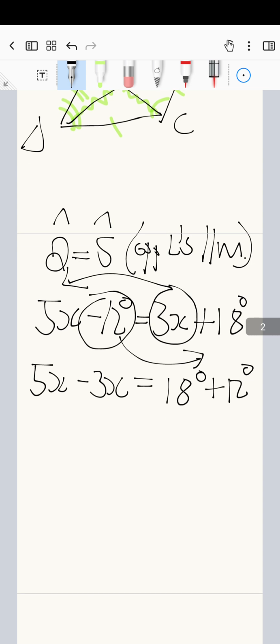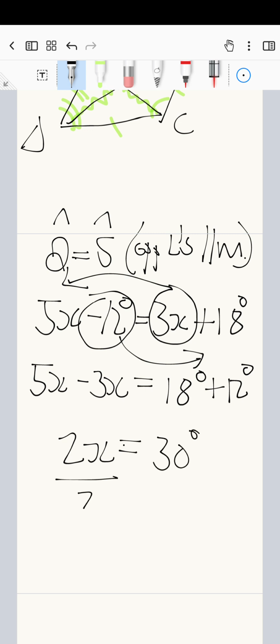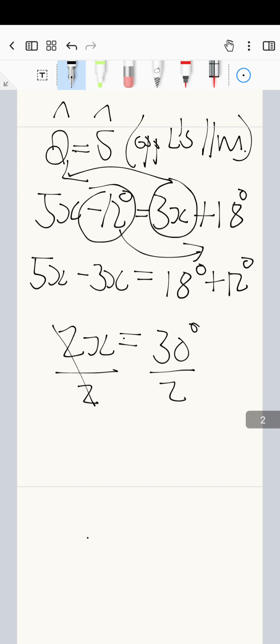Like terms, you subtract your coefficients, the numbers in front. 5 minus 3 gives you 2x. 18 plus 12 is 30 degrees. And now we're going to divide both sides by 2 so that x can stand alone. So x is equal to 15 degrees, right? And we're done.